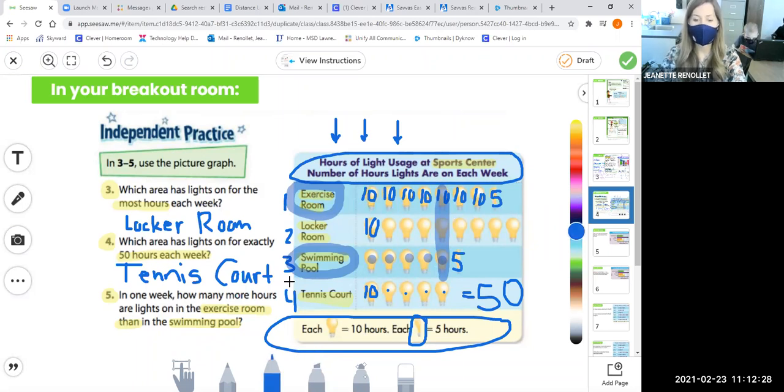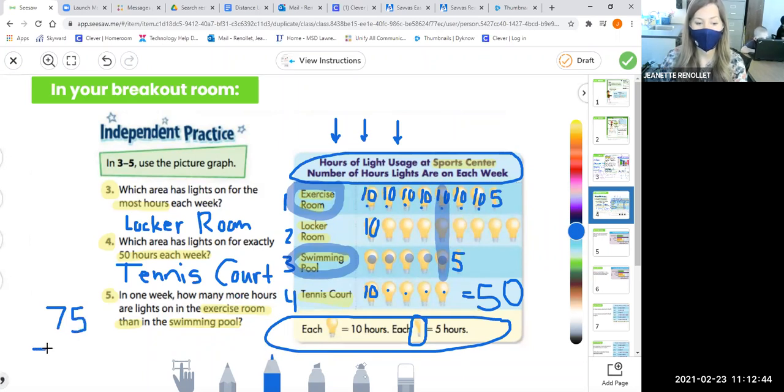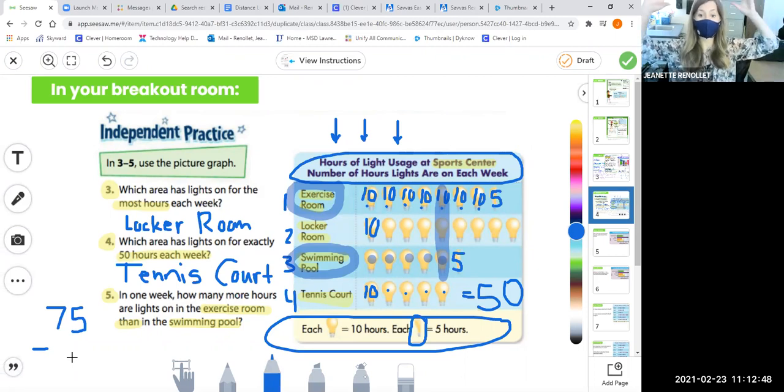How many hours are in the exercise room? 10, 20, 30, 40, 50, 60, 70 plus 5. So 75, I'm going to record that. Subtract, starting with our bigger number, the exercise room, going to take away the swimming pool.